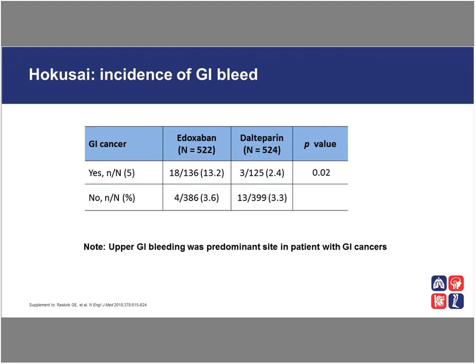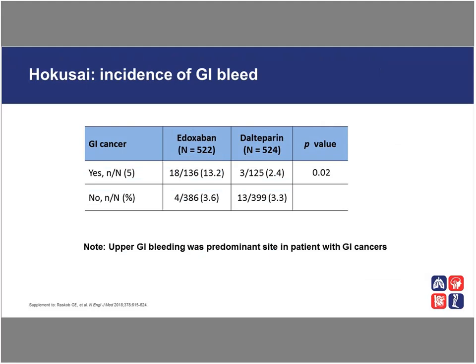So when you looked at the GI cancers in each of the groups, there were 136 GI cancers in the edoxaban group versus 125 in the dalteparin group, and you see that 18, or 13.2%, had a GI bleed in the edoxaban group versus 2.4% in the dalteparin group.